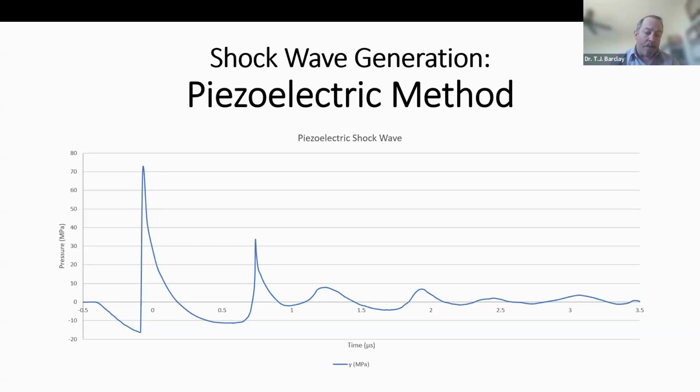One potential negative effect of these types of waves is the more intense cavitation produced, and then the fact that the cavitation bubble is immediately hammered by another high pressure shock wave, which will cause that cavitation bubble to burst, which potentially results in some damage to the tissues if that pressure is high enough.